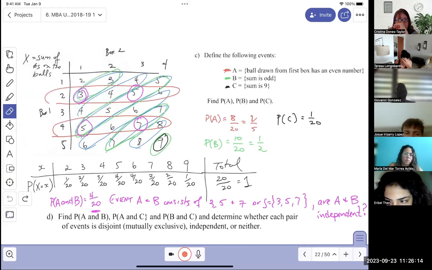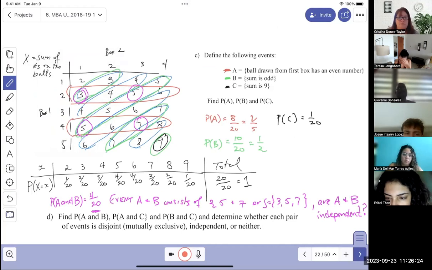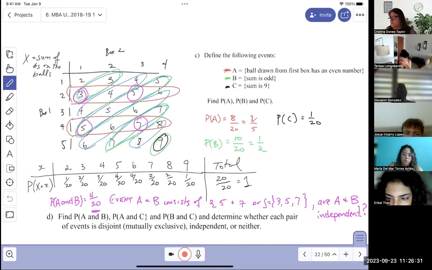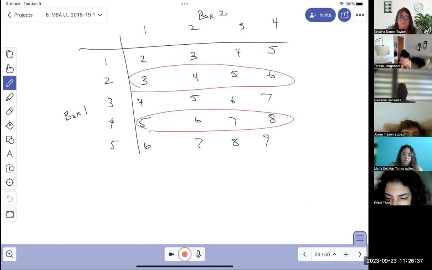I get carried away. So A was the ball drawn from the first box is even, and B was green, the sum is odd. So this is what we're staring at.